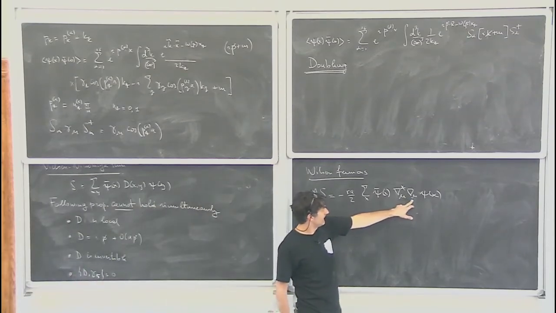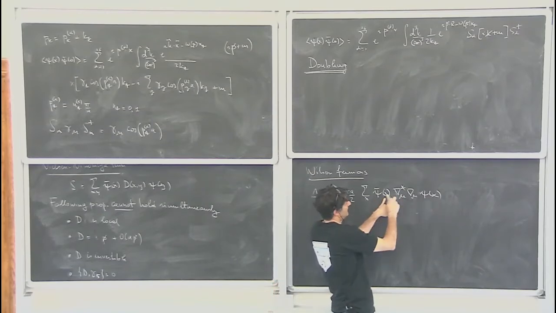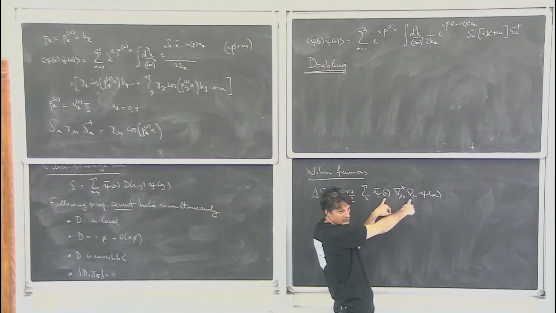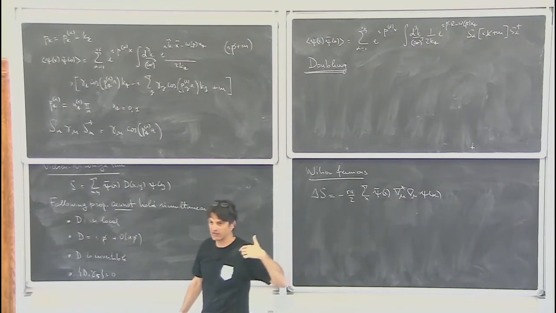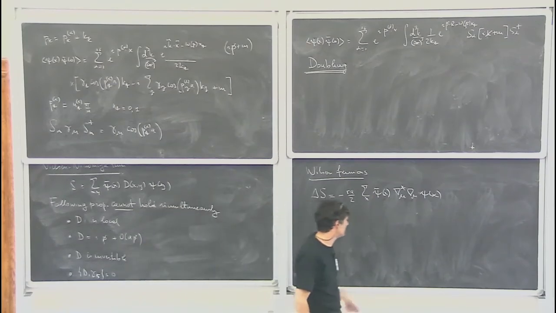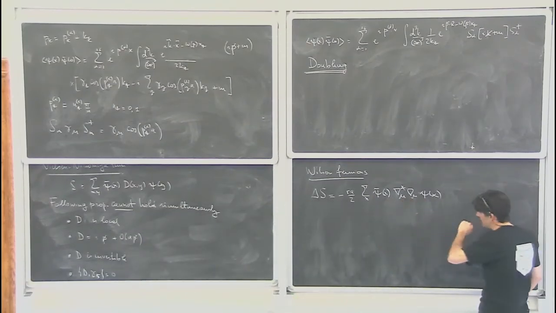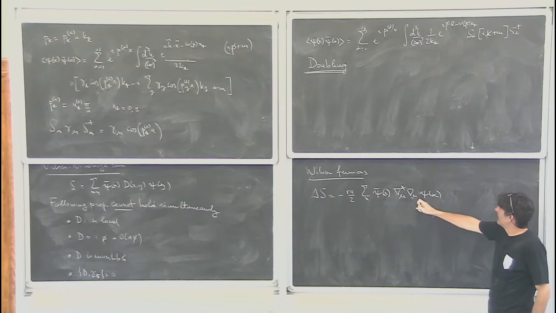This is 3 halves, dimension 3, 2 derivatives, dimension 5. Here the indices are contracted and summed over. So this is even Lorentz invariant, not only H4 when you go to the continuum limit.